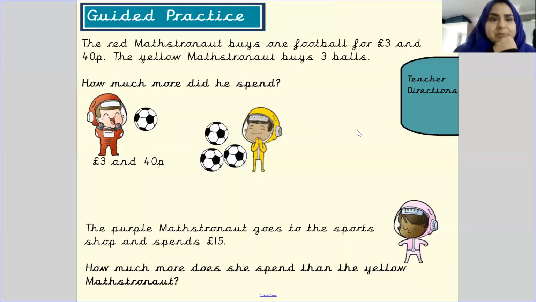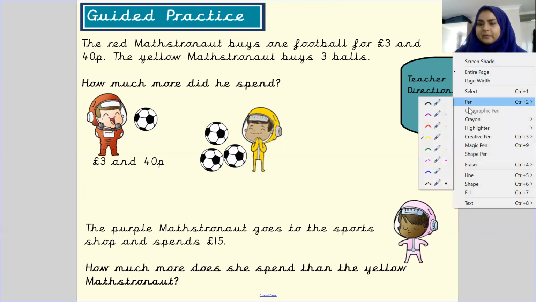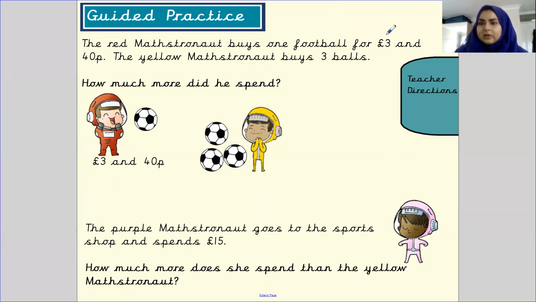Okay, so guided practice number 3 says the red astronaut buys one football for £3.40p. The yellow astronaut buys 3 balls. Okay, so how much more did he spend?